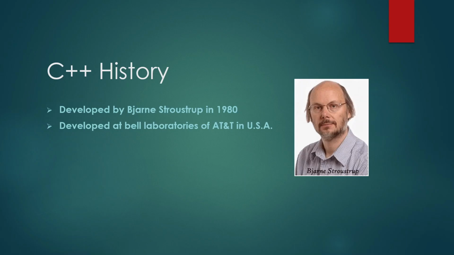About the C++ history, C++ was developed by Bjarne Stroustrup, who is known as the founder of the C++ language. It was developed in the 1980s by Bjarne Stroustrup at the Bell Laboratories of AT&T, which is located in the USA.